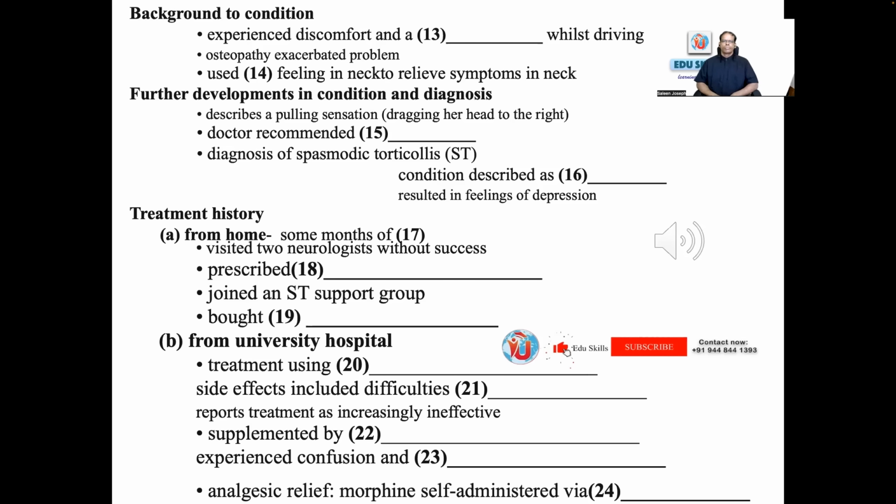I began to use a heat pad, which did help at first. Good, but not for long? No. About a month or two on, I started to get this sort of feeling that something was pulling my head over towards my right shoulder. Right. It was painful and embarrassing because I couldn't keep my head straight. Of course. I'd managed to hide it from everyone around me until then.